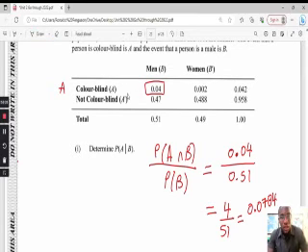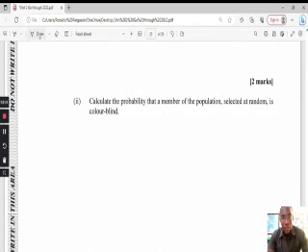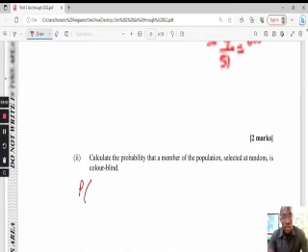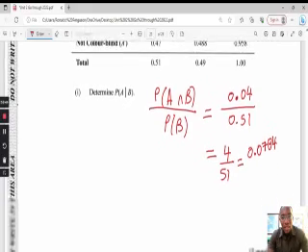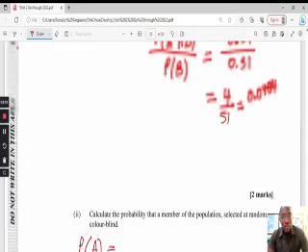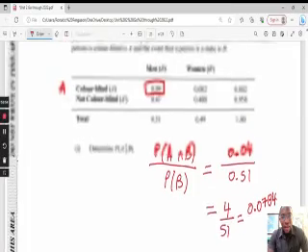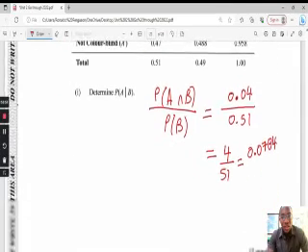Now that we have that out of the way, what else do they want? It says calculate the probability that a member selected at random is colorblind. So basically they want us to find the probability of A. If a person is colorblind, it can be either a male who is colorblind or a female who is colorblind.